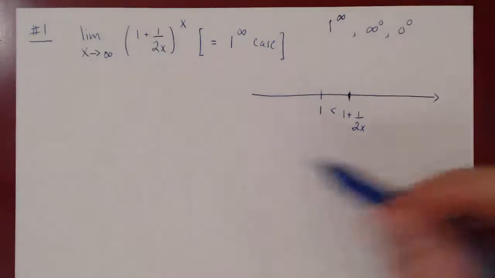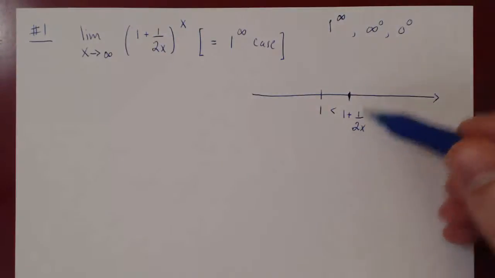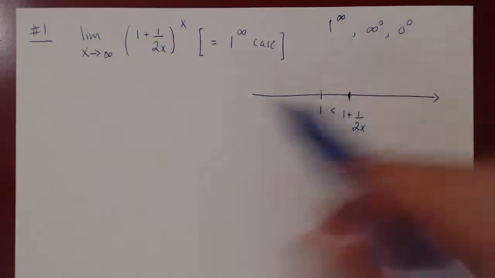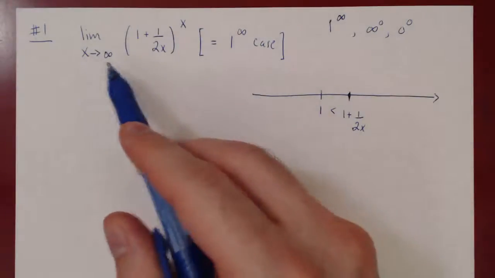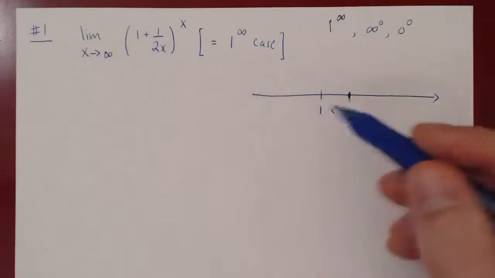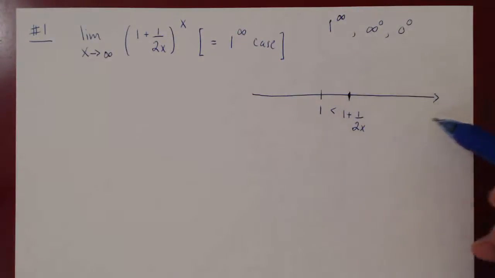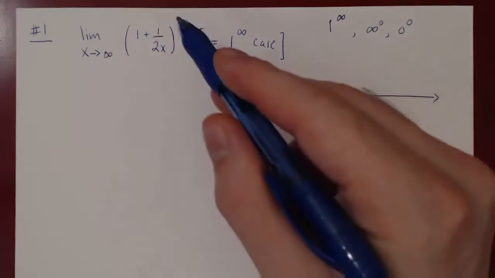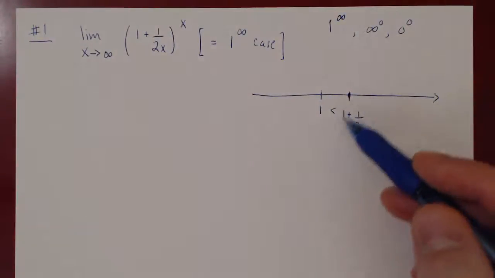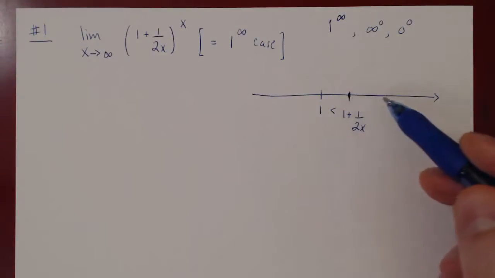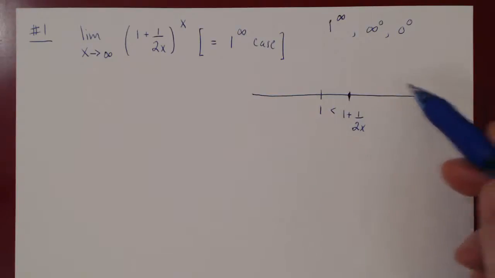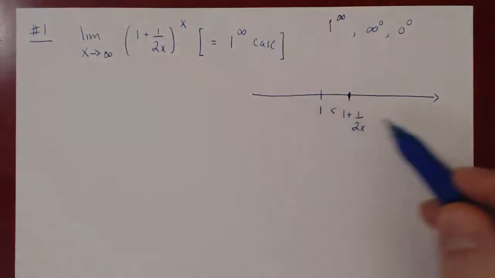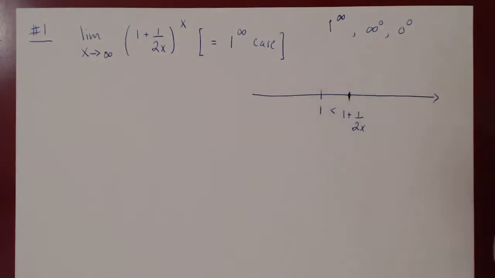The 1 over 2x shrinking to 0 is trying to push the expression closer to 1, but the exponent, getting bigger and bigger, is trying to make this go to infinity, because this number is always bigger than 1, and a large power of something bigger than 1 will naturally be big. And so we have two opposing forces here. And it's really not clear what's going to happen.